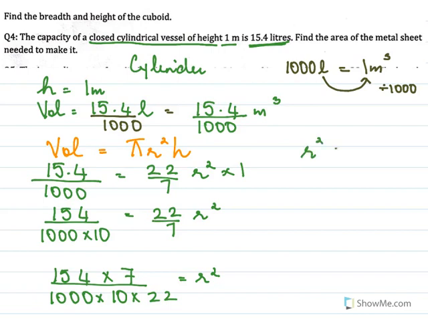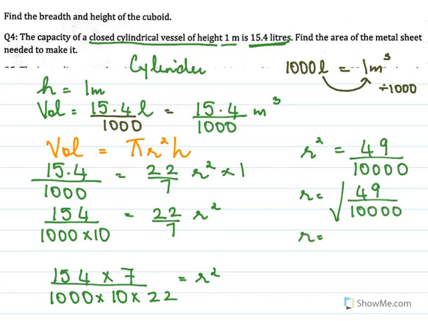When you cancel this out, you get your r square as 49 over 10,000. When you reduce it, r will be under root 49 over 10,000. So r will be 7 over 100. R will be 0.07 meter. But we are not done with the sum.